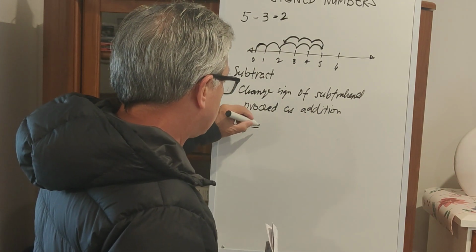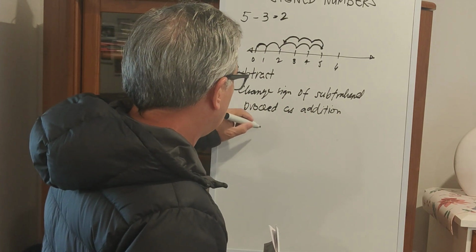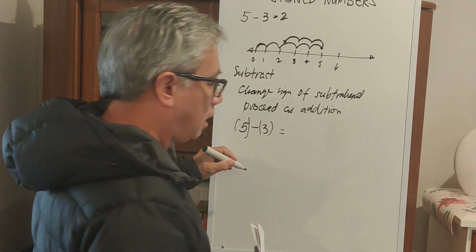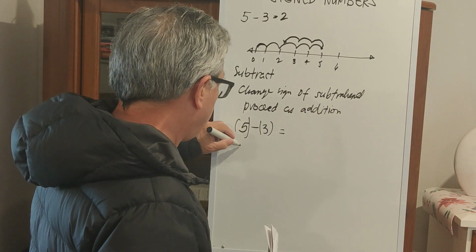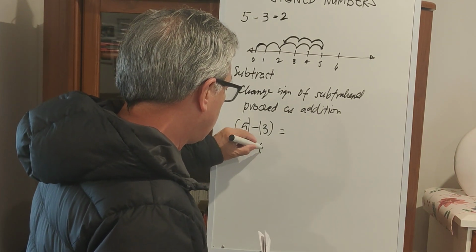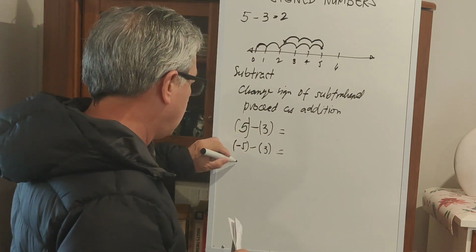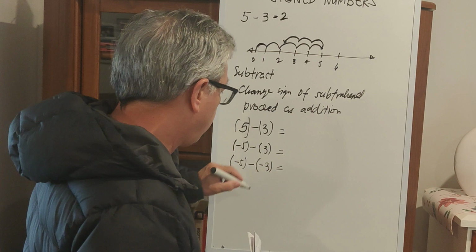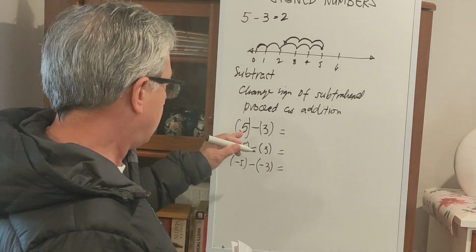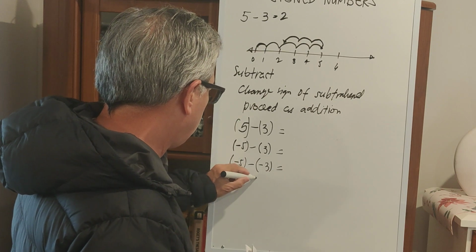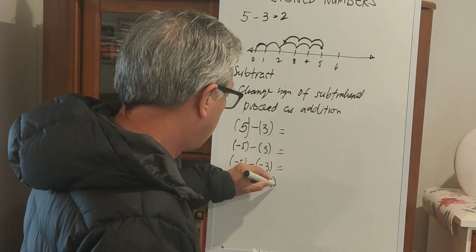5 minus 3, so that's a positive 5 minus positive 3, then negative 5 minus positive 3, negative 5 minus negative 3, and then 5 minus negative 3.